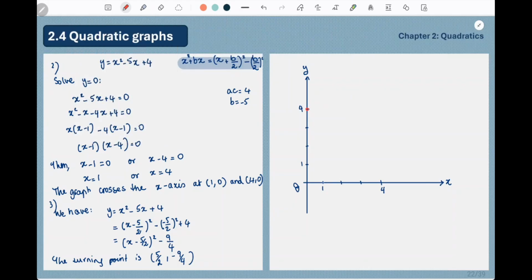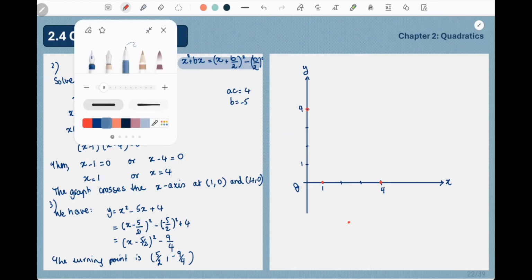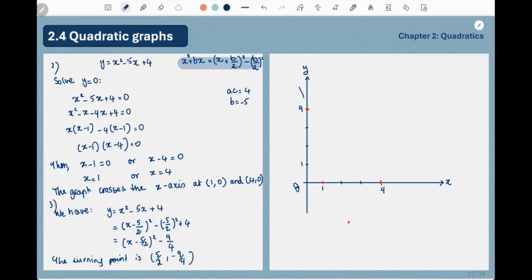Okay, so let me just highlight them in color. This is 4, 0, 1, 0, and 4, 0, and there's one more point, which is 5 over 2, which is going to be 2.5, so it's going to be somewhere around here. Minus 9 over 4, it should be somewhere here. Okay, and then I'll try my best to make sure this goes through all the points over here.